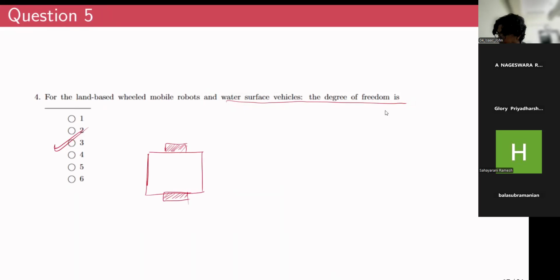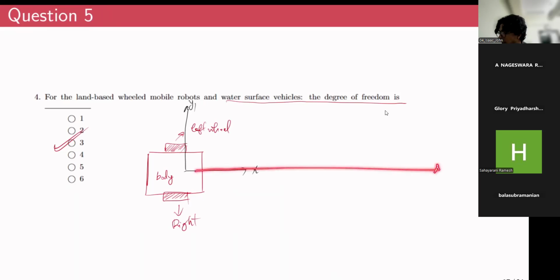Exactly, correct. So if you consider this to be the body of a mobile robot and this to be maybe the left wheel and this to be the right wheel, the mobile robot can go in the X direction, it can go in the Y direction. It can position itself anywhere along the X coordinate.